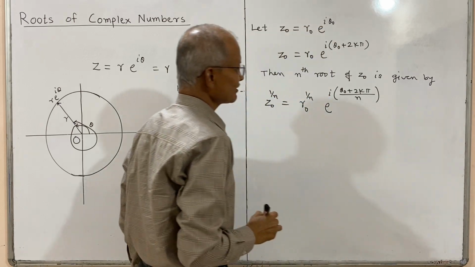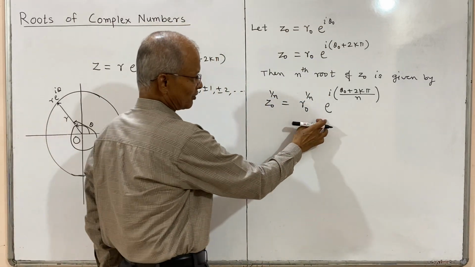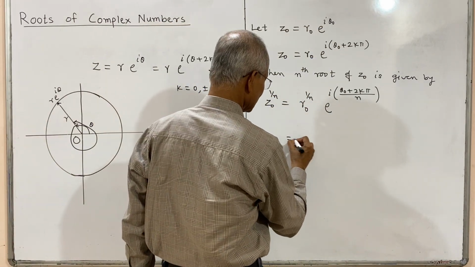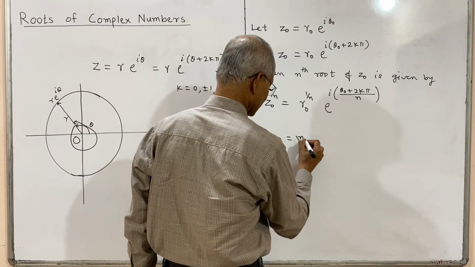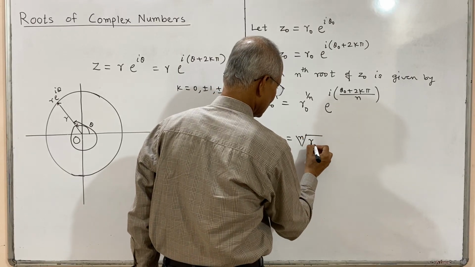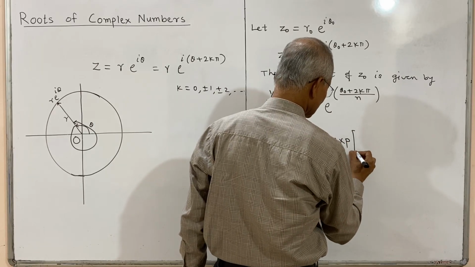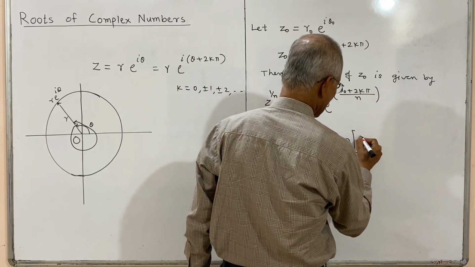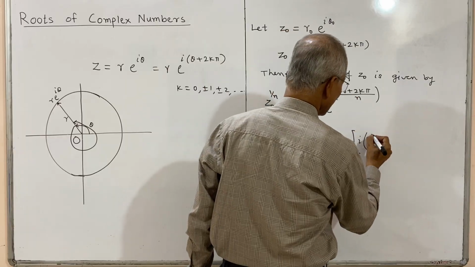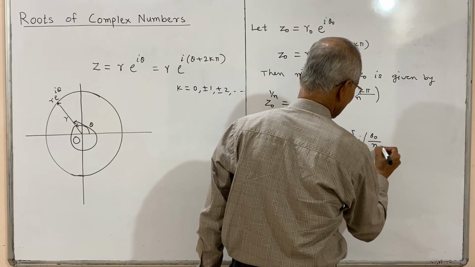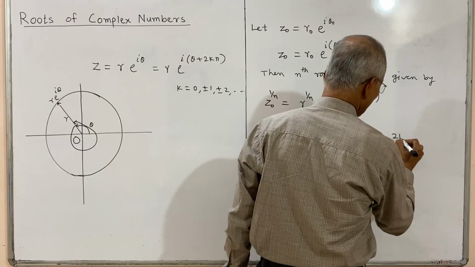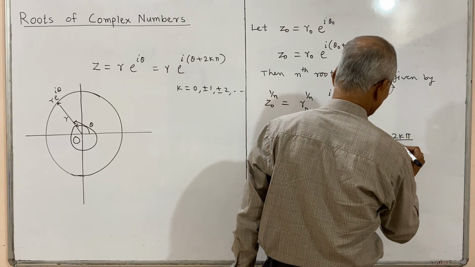This may also be written as the nth root of r naught times the exponential of i into bracket theta naught divided by n plus 2k pi divided by n.